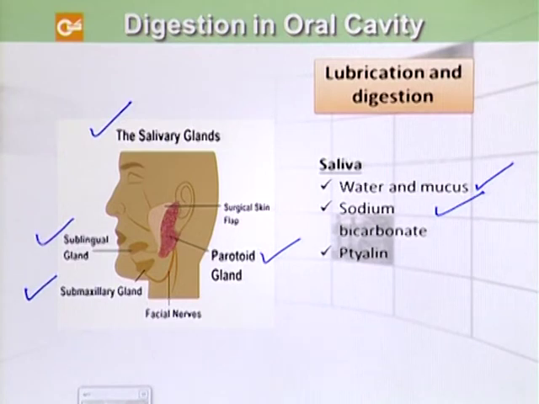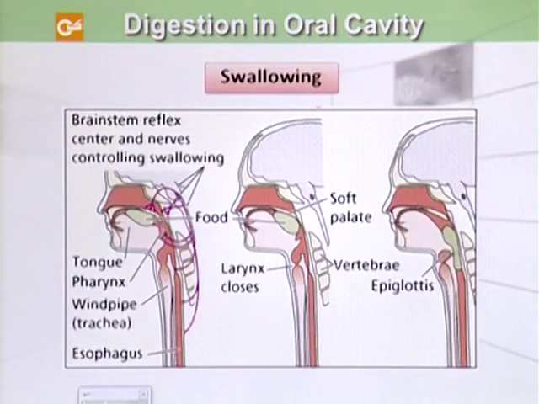Fresh saliva is alkaline, and it has a pH of 8, and it quickly loses carbon dioxide, and the pH gets to 6. And then we have ptyalin, which is an enzyme which helps in the digestion of carbohydrate, and it converts glycogen to maltose.